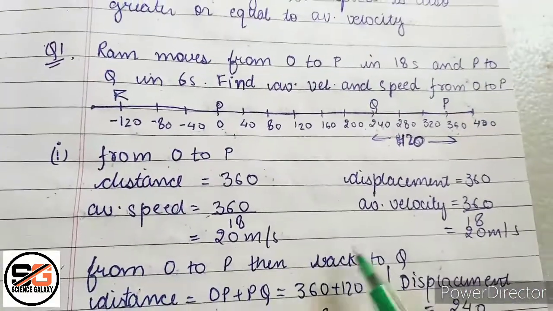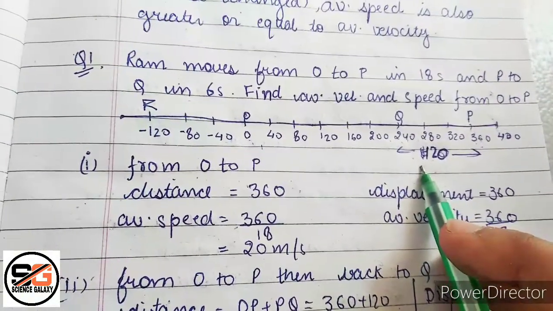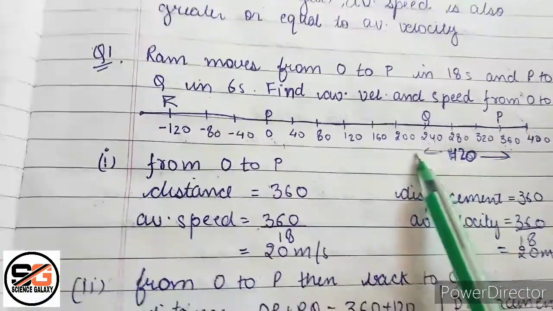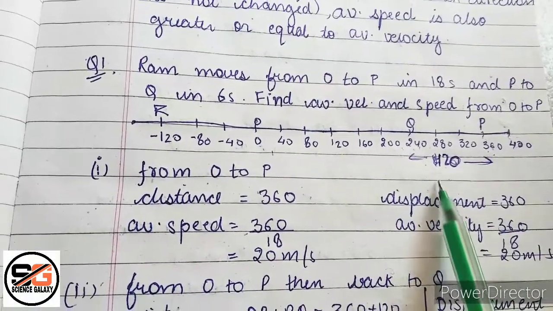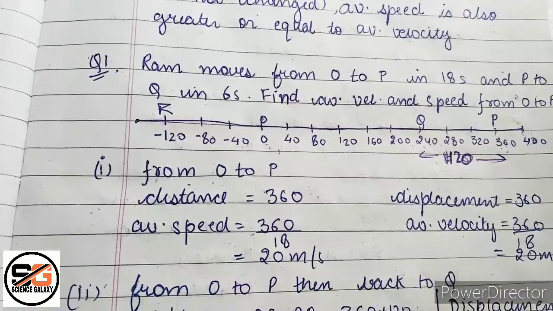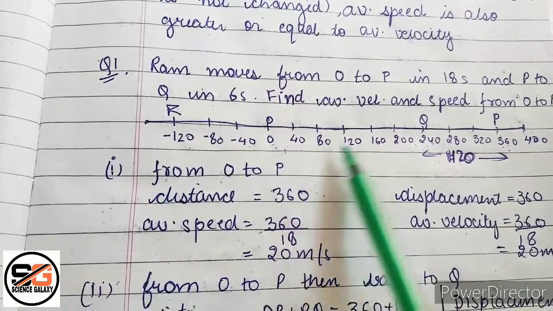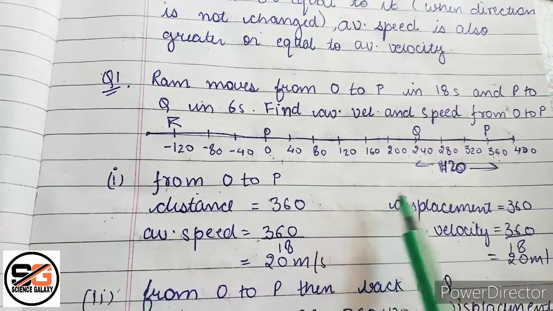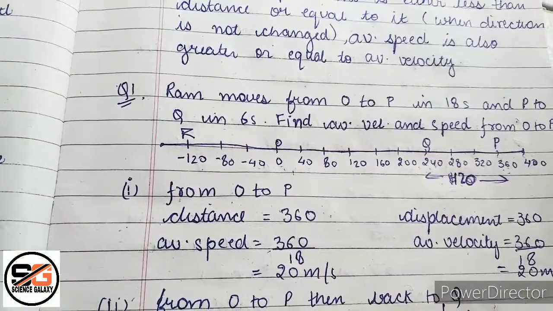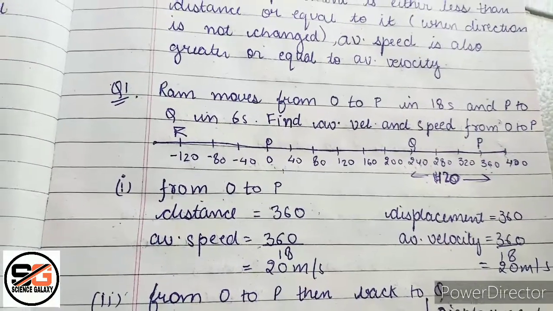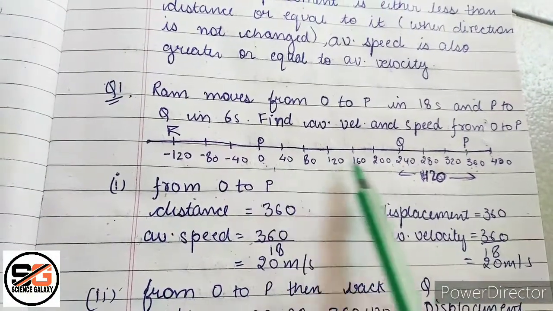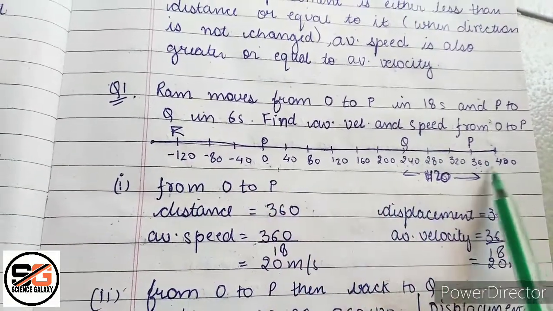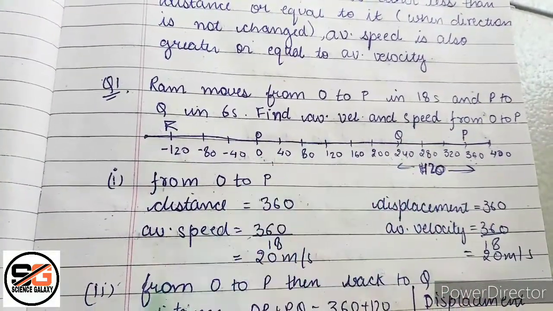He covered 480 meter distance in how much time? He took first 18 seconds and then 6 more seconds. So the total time taken by him is 24 seconds.